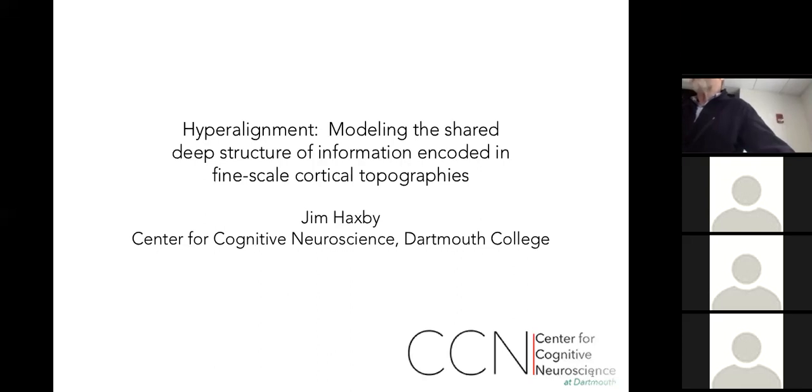So each individual's brain has a slightly different arrangement of the cortical topography for representing the same information. So this is a method that we have for aligning the information that's embedded in these fine-grained cortical topographies in abstract information space, where the same information is now aligned together. And this is different from trying to align the cortex of one person and another person's cortex. I hope this makes sense as I go along here.